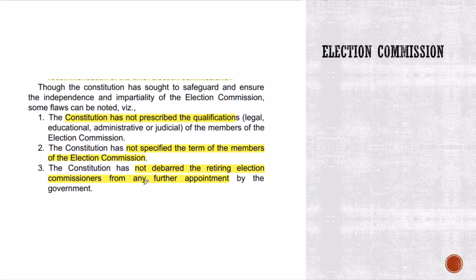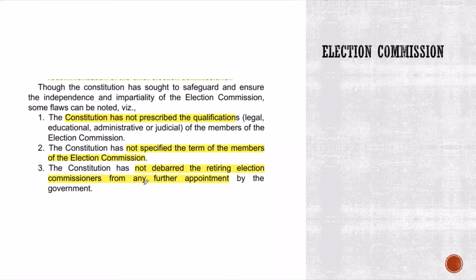So what happens if you have a chance to still go ahead and be involved in the government? You don't want to be in the bad books of the government, because after you attain your 65 years, you may be given some other posting. So for people who do not have the strongest of morals, let us just say, just as an example, you might want to be biased towards this government.